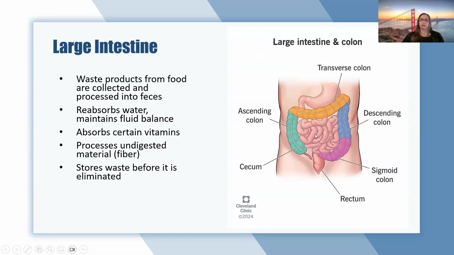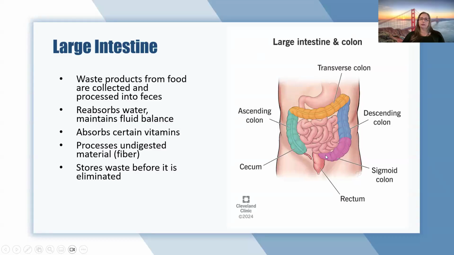That's where all of the foods and fluids that haven't been absorbed by the small intestine end up going into the large intestine. Then they go up the right side, the ascending colon, which means going up, then across the transverse colon and down the descending colon on the left side.